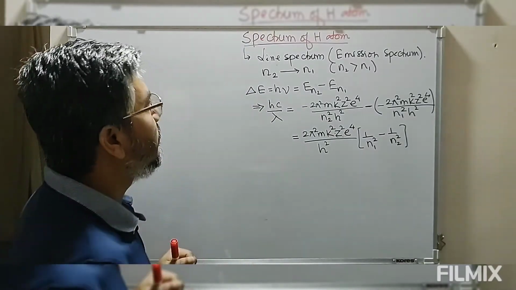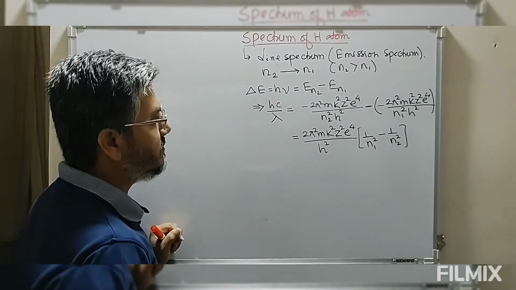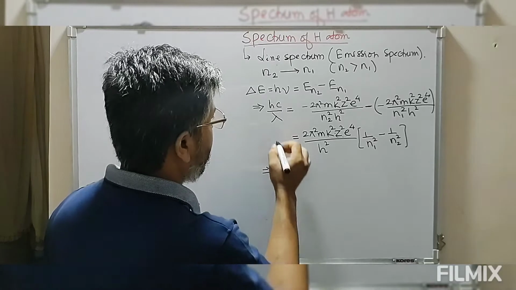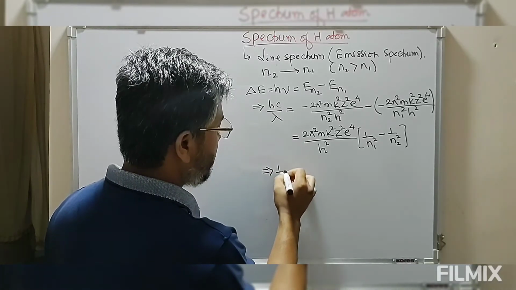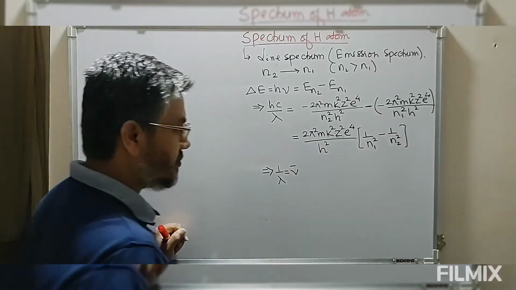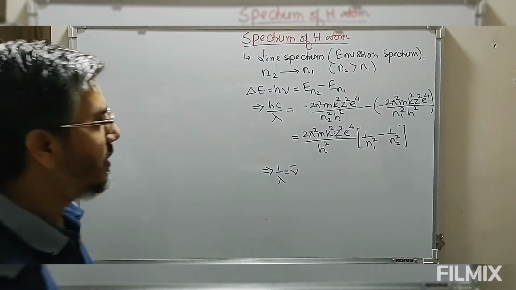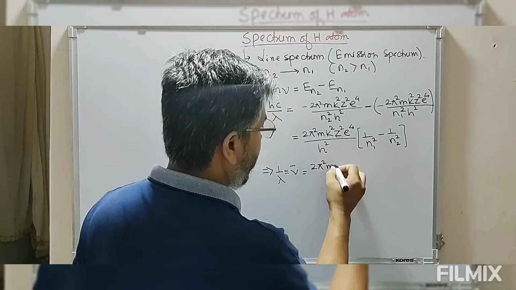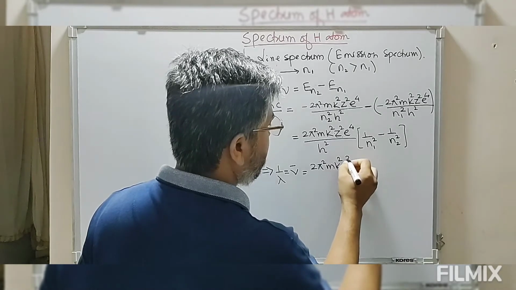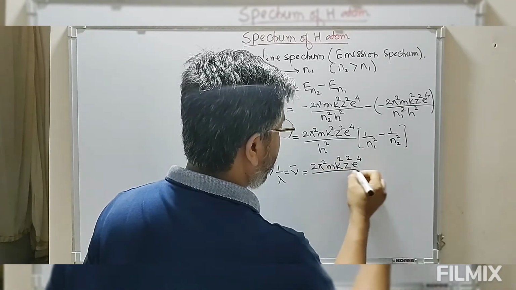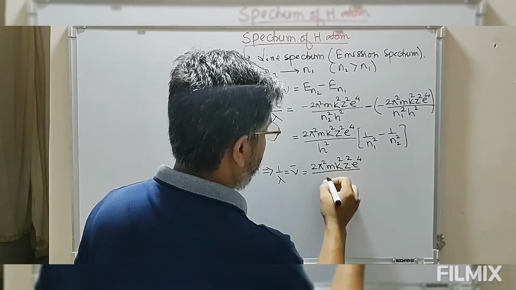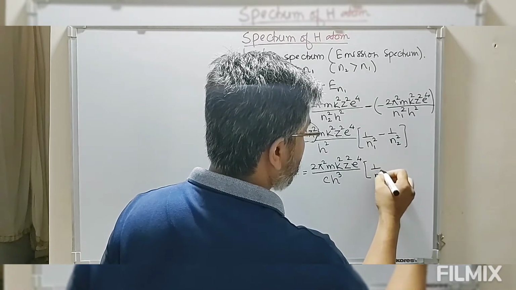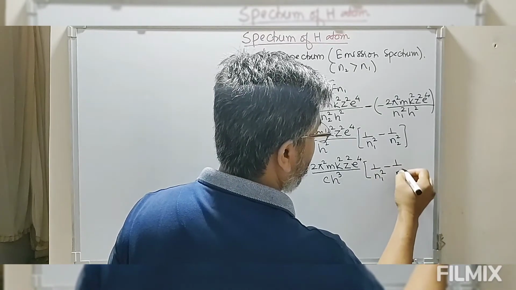For the hydrogen atom, Z equals 1. Now 1 by lambda, which is also defined as the wave number, as we already discussed during electromagnetic radiation, can be written as 2 pi square m k square Z square e to the power 4 divided by c h cube, times 1 by n1 square minus 1 by n2 square.